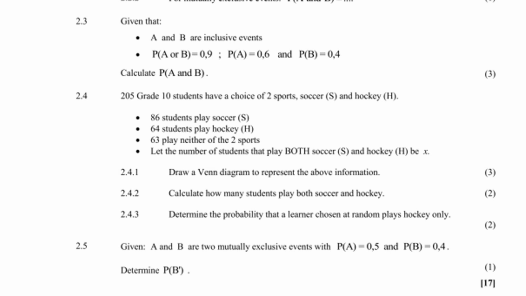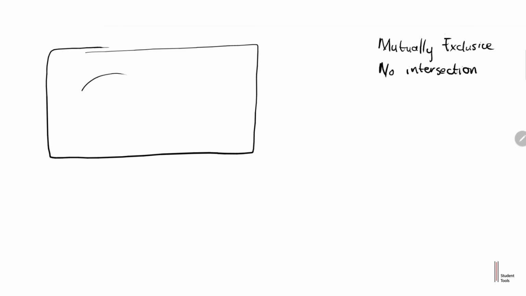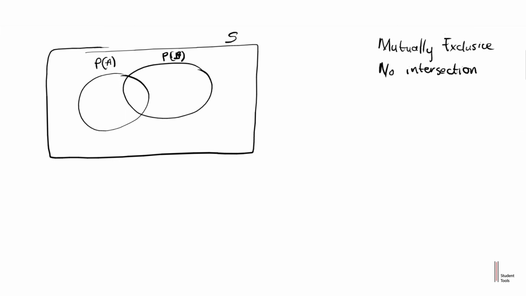So if we were to draw a Venn diagram for this, we have the probability of A and the probability of B. So this is the sample space. A and B are mutually exclusive events, so we do not have an intersection here.